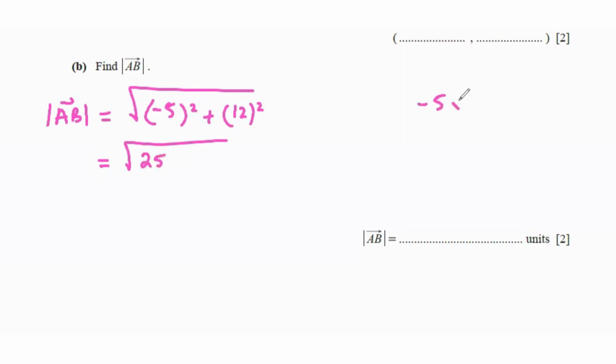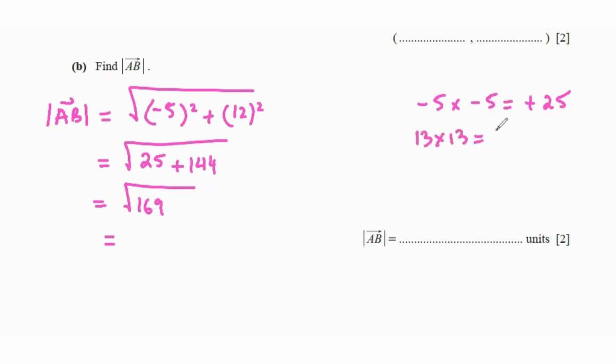Whenever we multiply two negative integers, the answer is positive. And 12 squared is 144. 25 plus 144 is 169. And 169 is a square number. 13 times 13 is 169. The square root of 169 is going to be 13. That is your magnitude of AB.